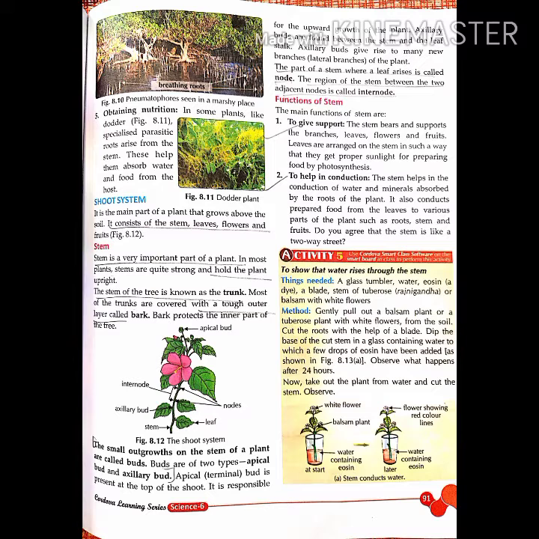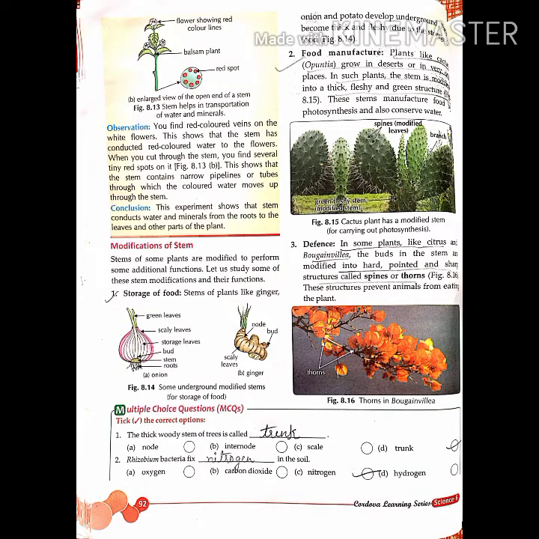Second, it helps in conduction. The stem helps in the conduction of water and minerals. In the stem, xylem and phloem are present, which carry minerals and water from the roots to the stem and leaves of the plant. So the stems provide support to the plants and help in conduction.